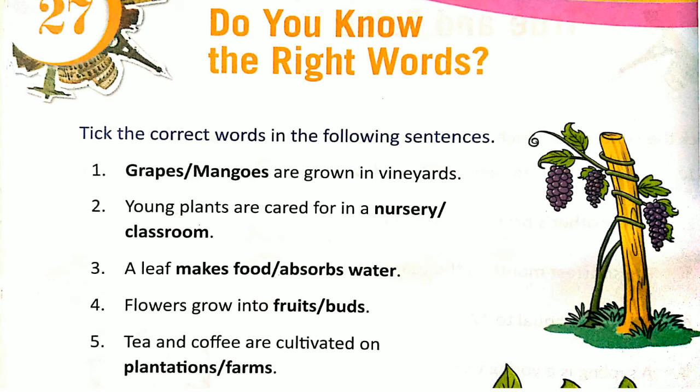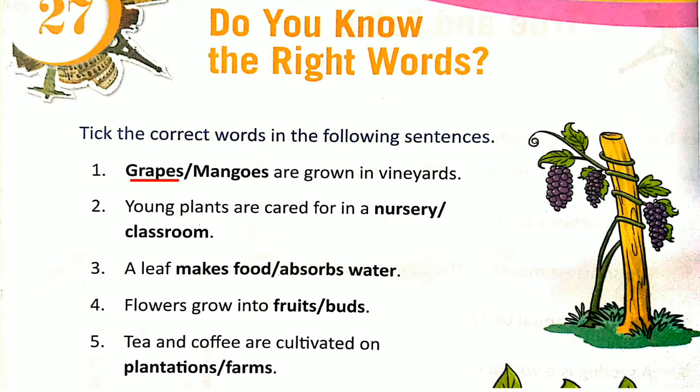Tick the correct words in the following sentences. First, grapes or mangoes are grown in a vineyard. Which is grown in the vineyard? Yes, grapes. Grapes are grown in a vineyard. Very good.